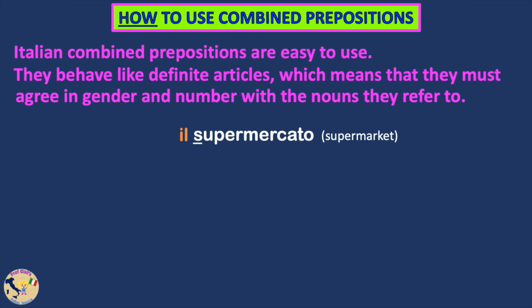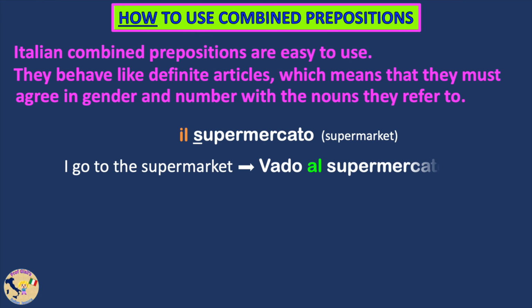It follows that if we wanted to translate the sentence "I go to the supermarket" into Italian, we would have to select combined preposition al, which is obtained by contracting simple preposition a and article il. Vado al supermercato. Let's take another example. The noun phrase gare di sci is plural feminine.